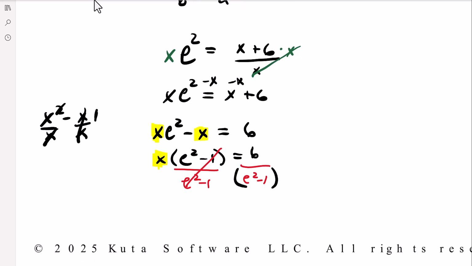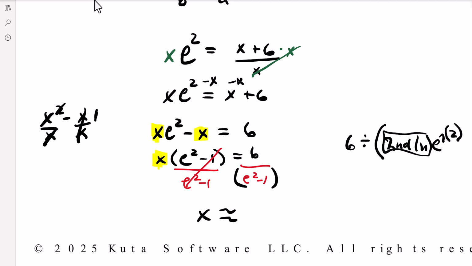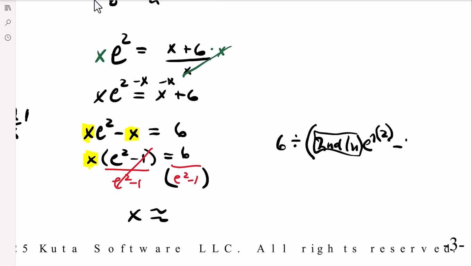Now, this is the tricky part. This is how you type it in. 6, hit the divide button, left parentheses, and then you're going to have to hit the second ln button, which gives you e to the caret, left parentheses, type 2, right parentheses, subtract 1, right parentheses, enter.